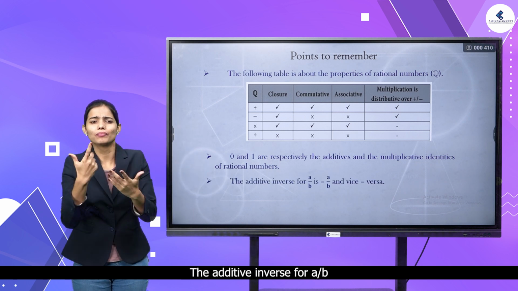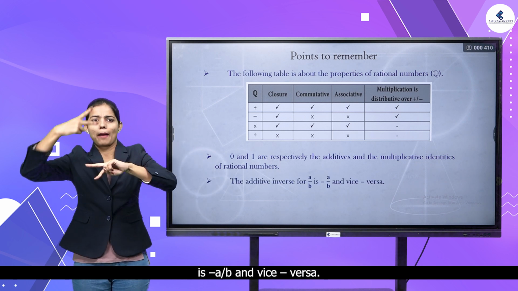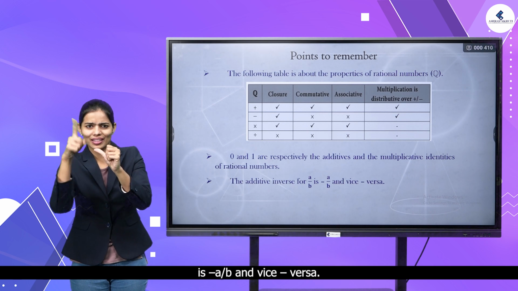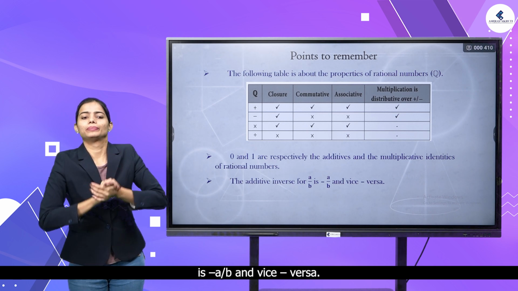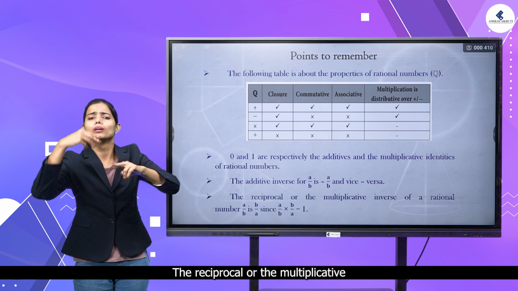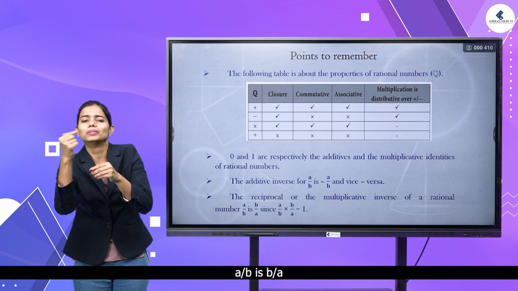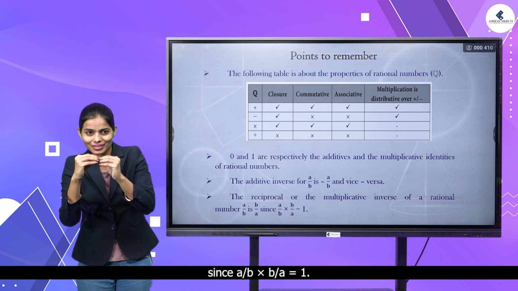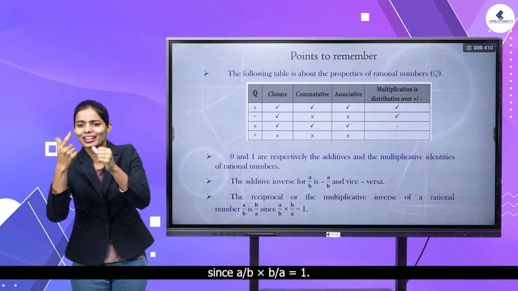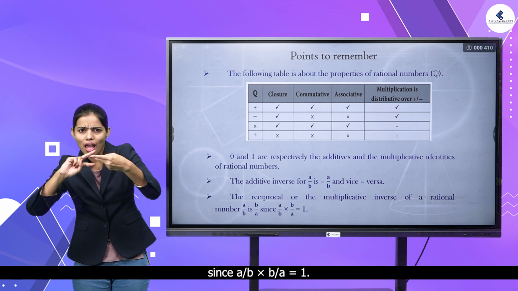The additive inverse for a by b is minus a by b and vice versa. The reciprocal or multiplicative inverse of a rational number a by b is b by a, since a by b into b by a is equal to 1.